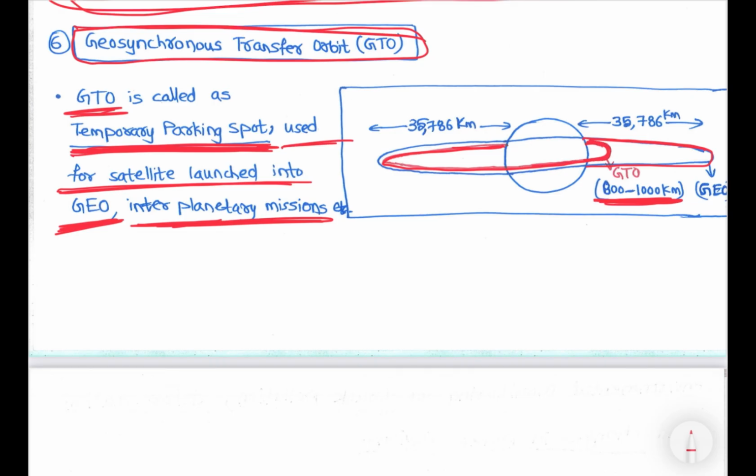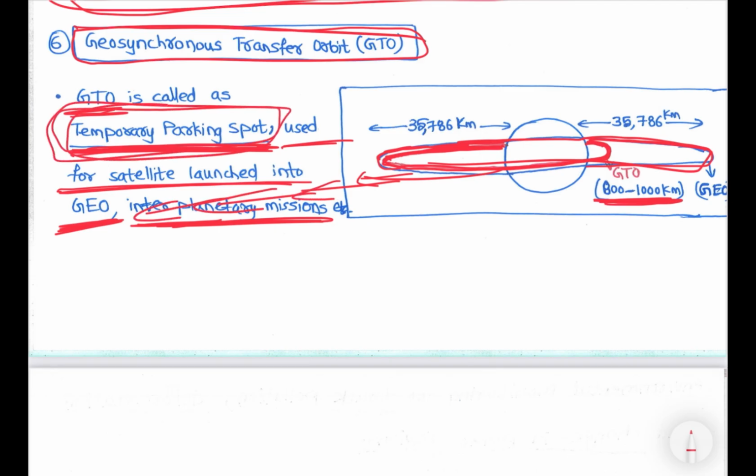And from here we can push it to the geostationary orbit or we can push it to interplanetary missions, right. So this is a temporary parking spot. Geosynchronous and geostationary orbits, we can transfer to by using GTO, right.